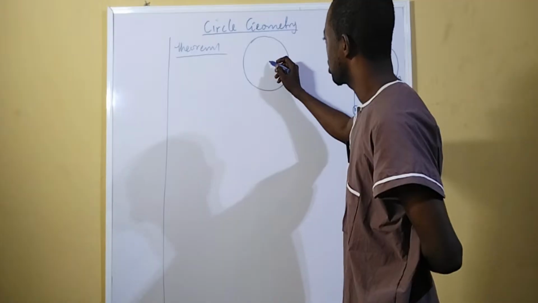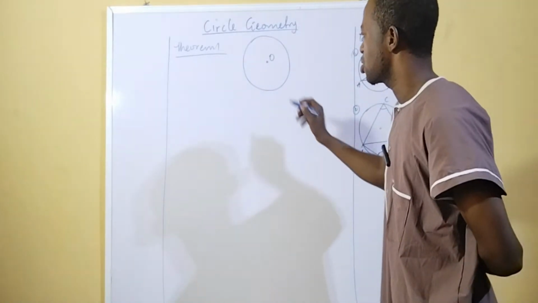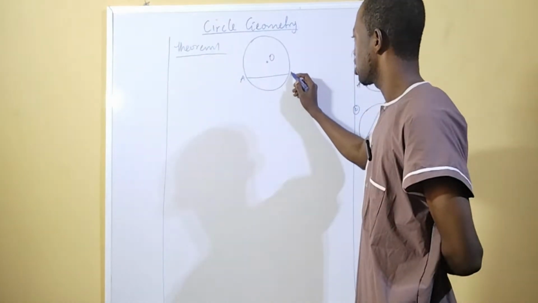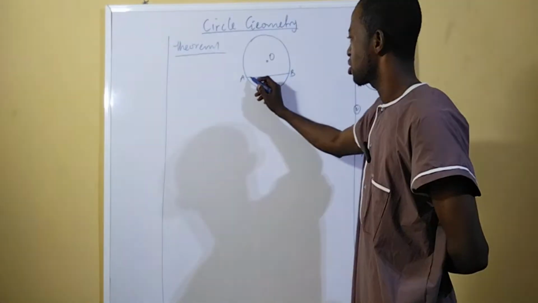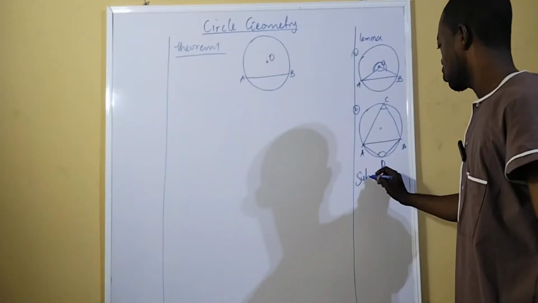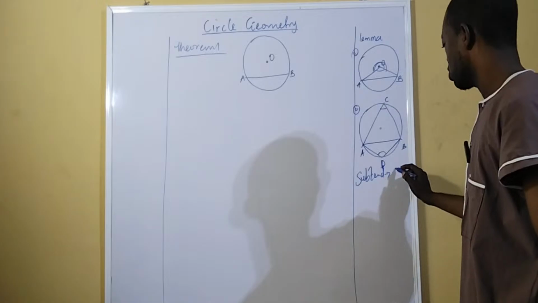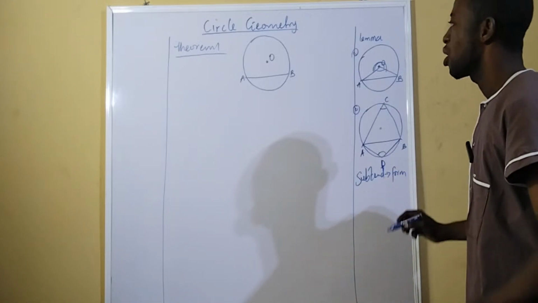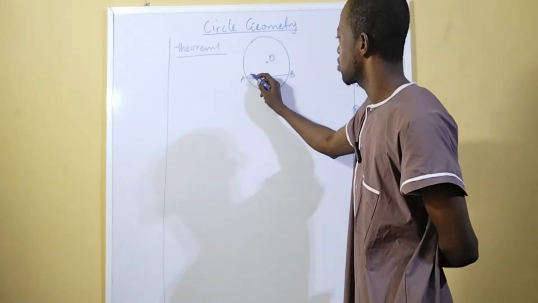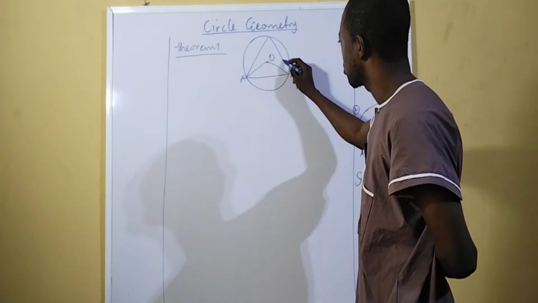In the diagram, if this is the center of the circle O, and we have chord AB, the word subtended is synonymous with the word formed. So the angle subtended at the center by this chord is twice the angle subtended at the circumference.